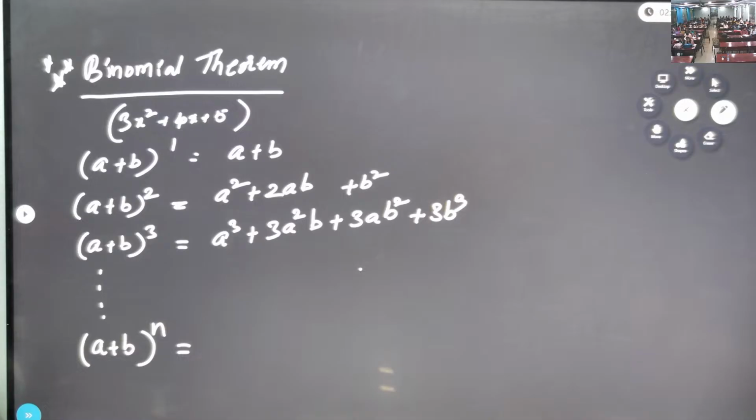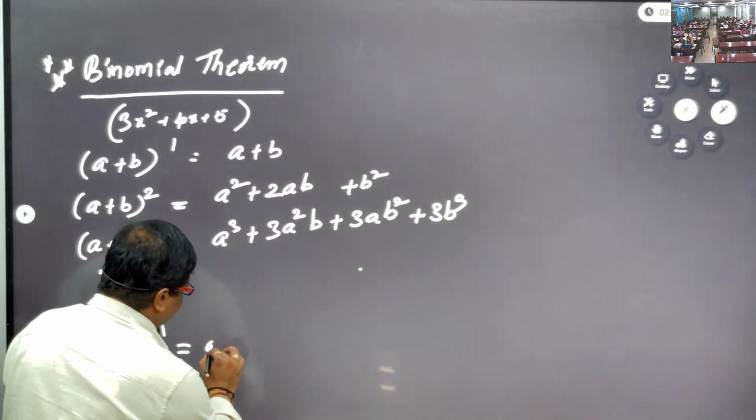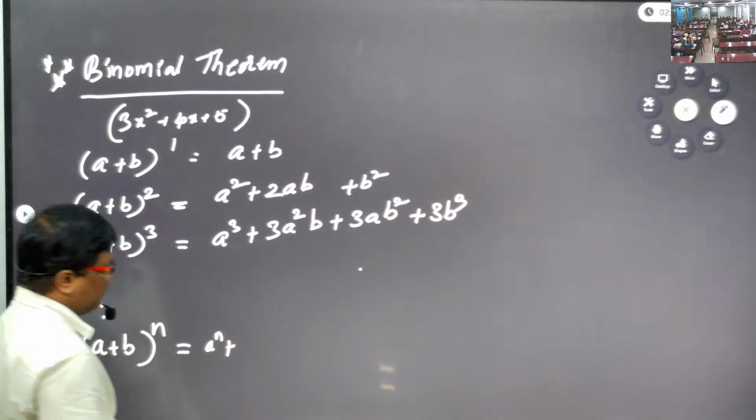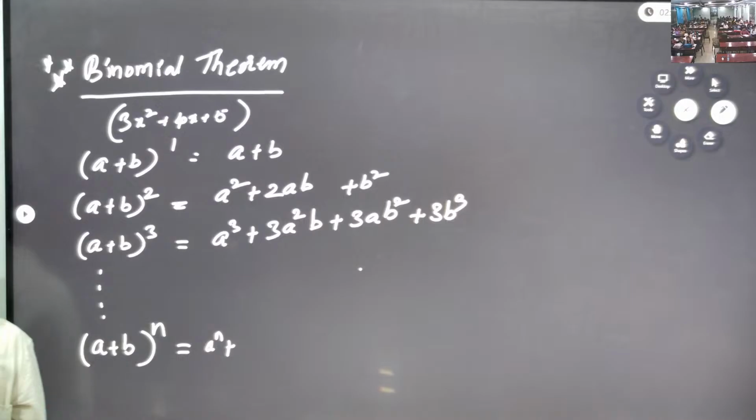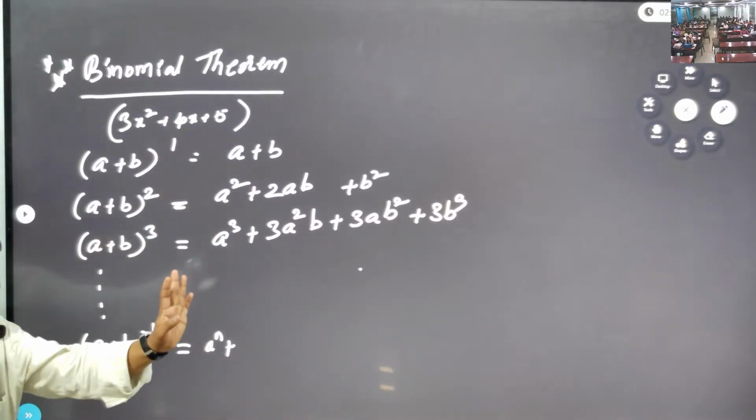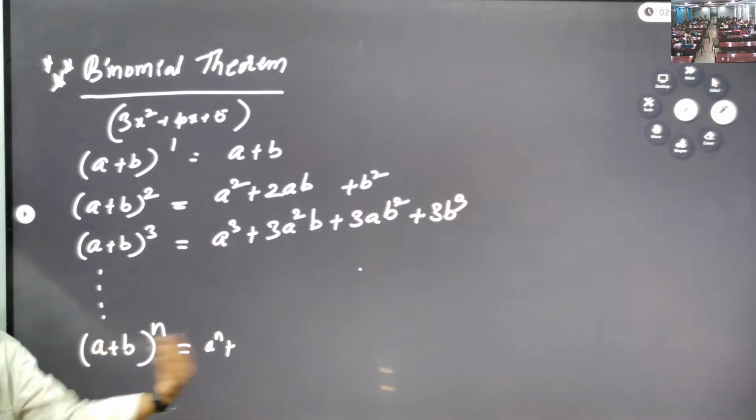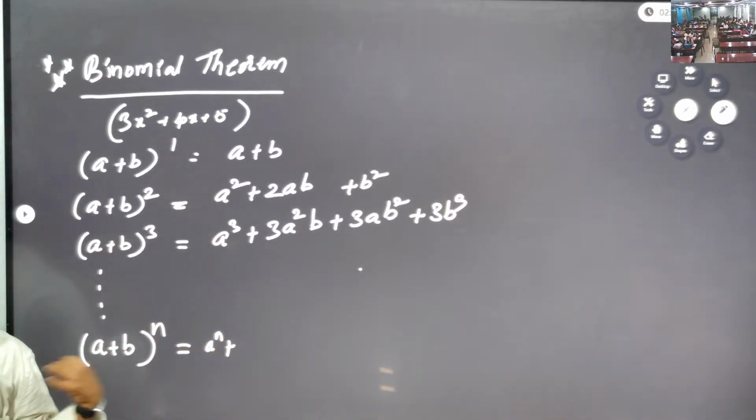A power n plus, okay, you are trying to say the answer. A power n I got, and at the end I will be getting b power n, that is for sure. I want the in-between values.